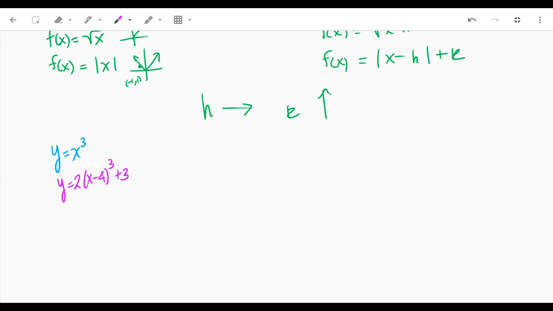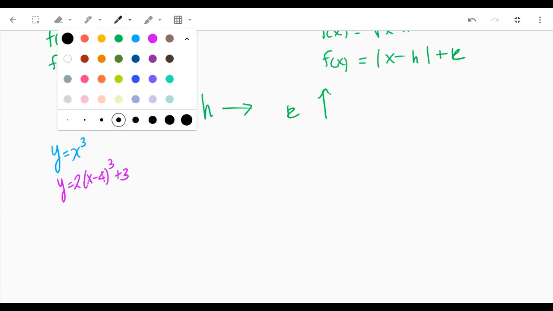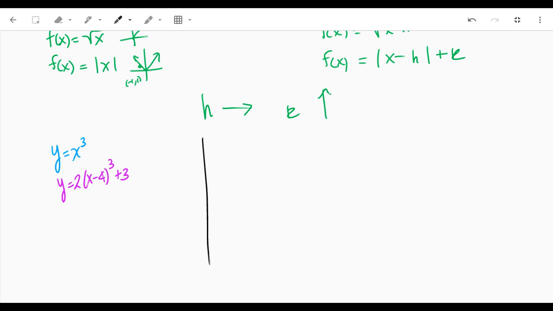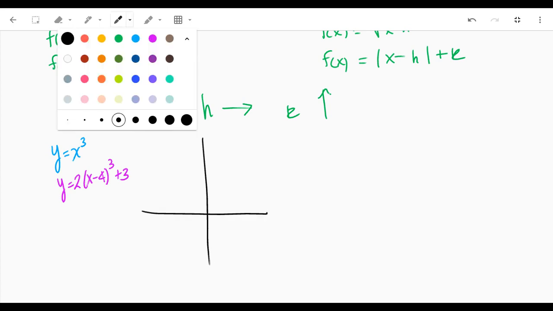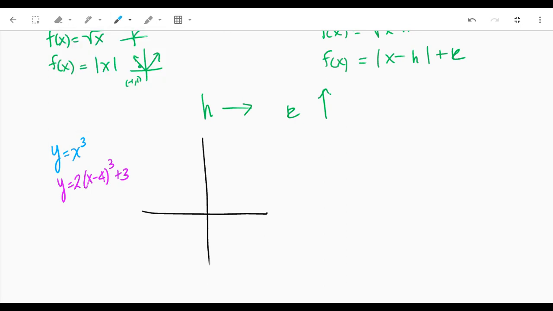Okay, so your graph of y equals x cubed looks like this. And then like I said above, we have the points at 0, 0. Not to scale very well here, but that's okay. 1, 1, negative 1, negative 1.